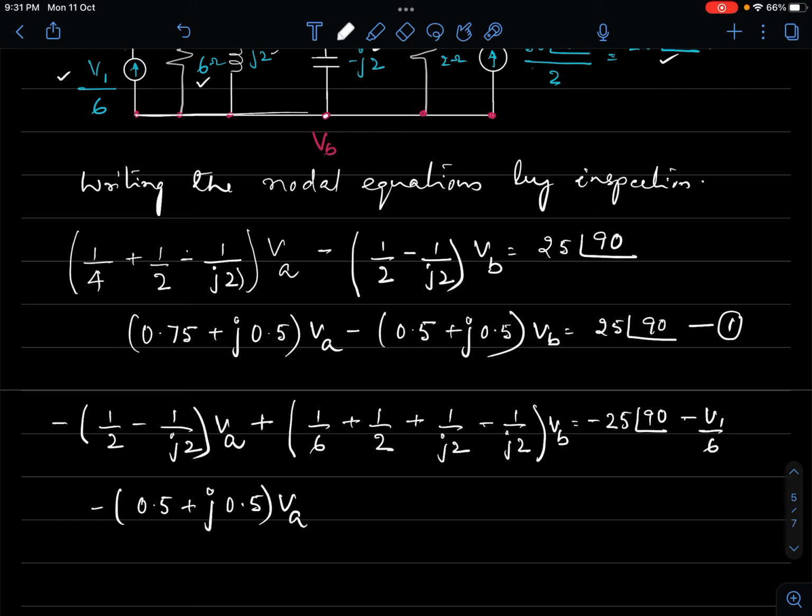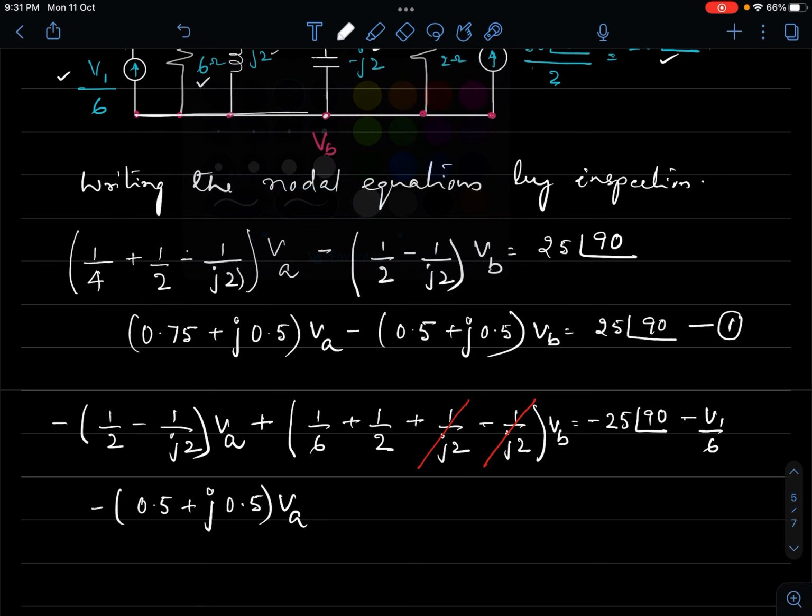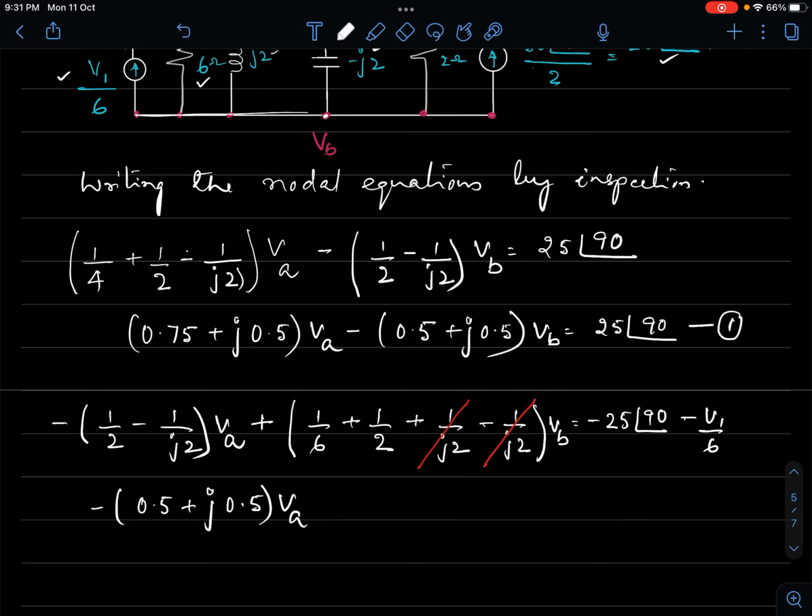This J2 will get cancelled with minus J2, and you will have 1 by 6 plus 1 by 2, that will be 0.67 into VB. This is equal to minus 25 at an angle 90 minus V1 by 6. Right? This is my equation 2.